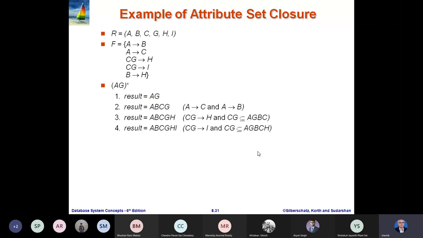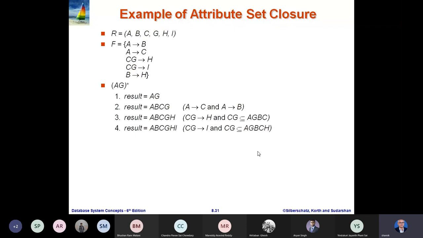So AG also gives ABCG, and then we have AG to ABCG. Now when we have ABCG, and CG functionally determines H and CG functionally determines I, from there we also get AG to ABCGH and AG to ABCGHI.